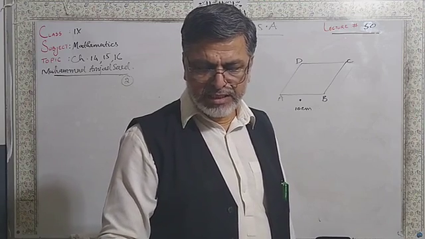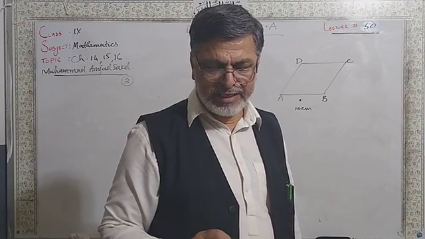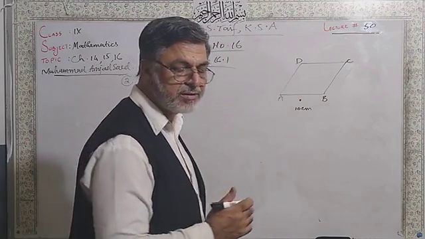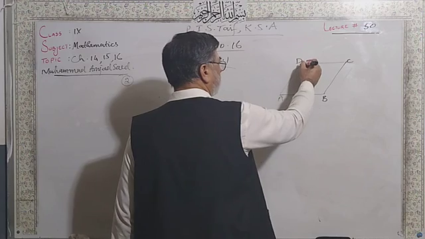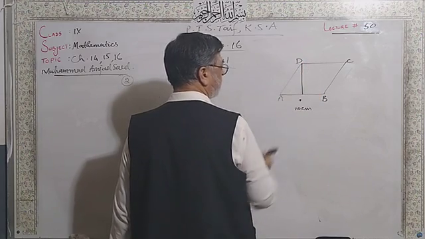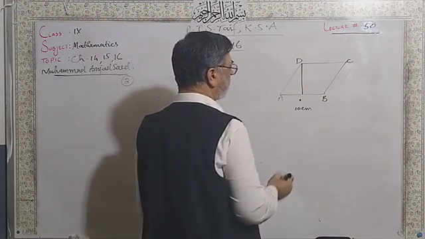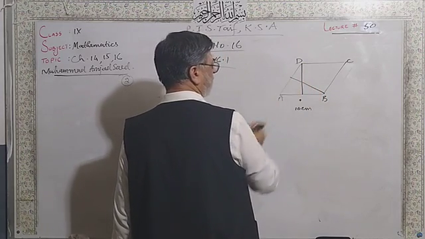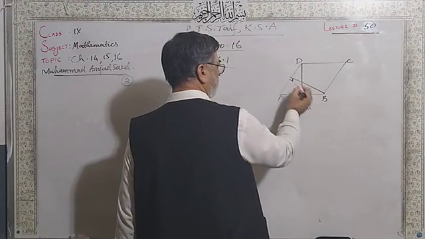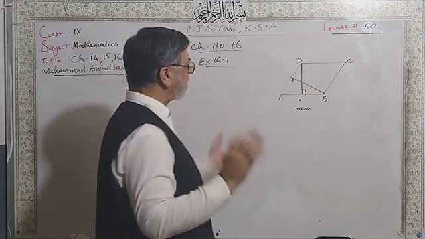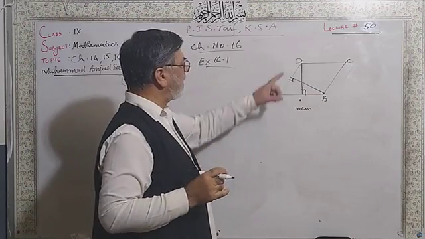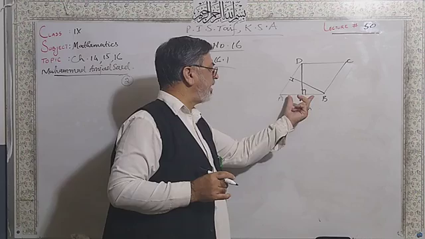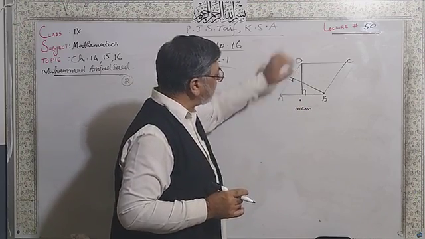The altitudes corresponding to sides AB and AD. This is an altitude corresponding to a side, and here is an altitude also. What is altitude? Altitude is the line segment which is perpendicular on a side from the opposite vertex.